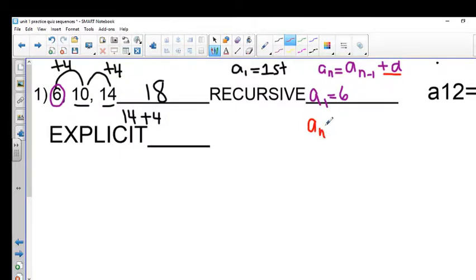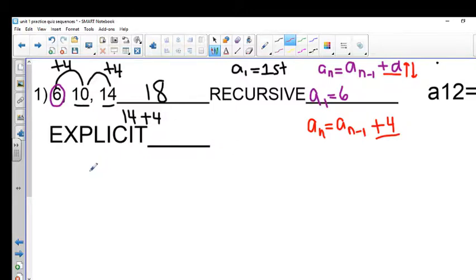AN equals AN minus 1. And then our D basically tells us, is it going up or is it going down? So if we look here, this tells us each time it's going up by a positive 4. So all we have to write is AN equals AN minus 1 plus 4. So that's the only thing we plugged in for. Everything else stays the same.